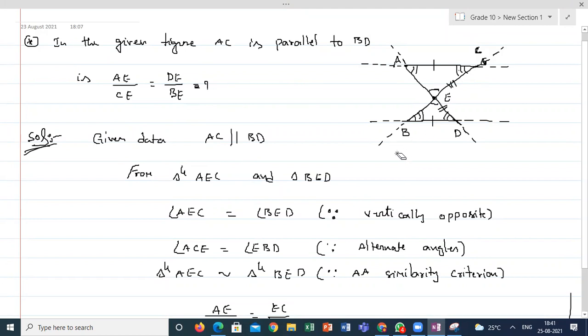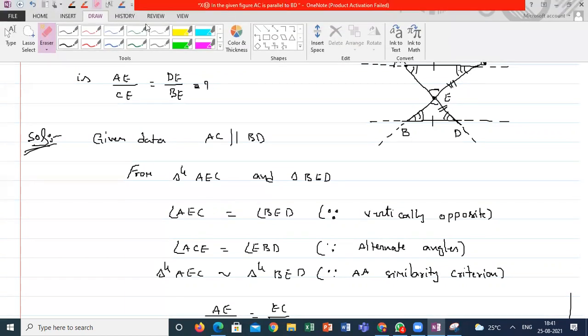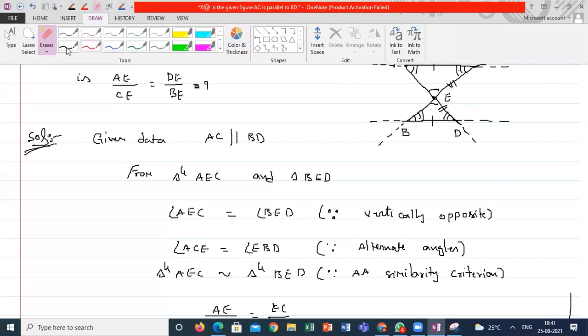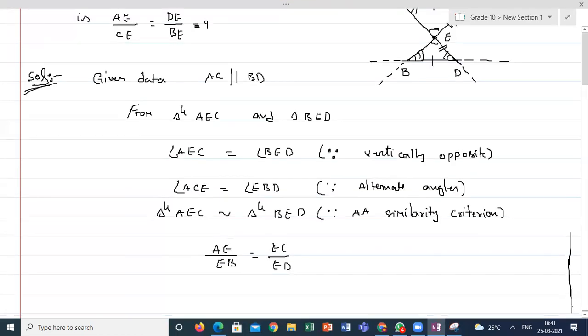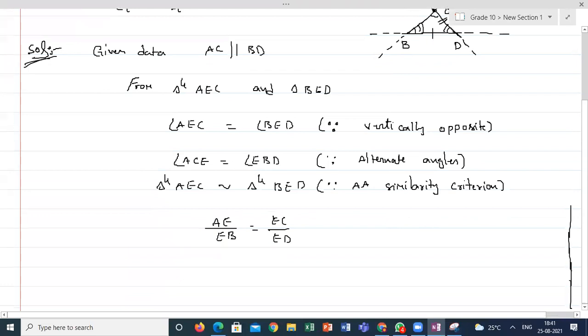Correct. Is it clear? So from here, AE by CE is equal to DE by BE is not possible.